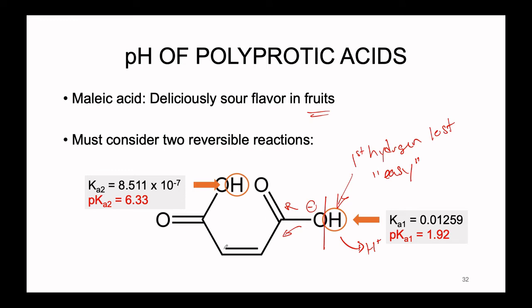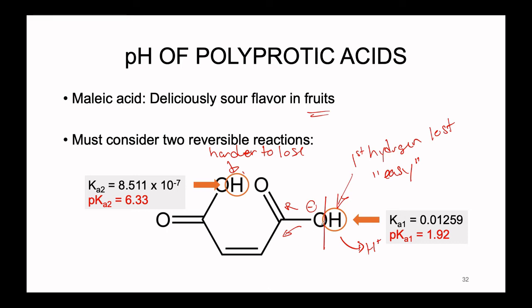Because there's already an abundance of electrons in the molecule, this second hydrogen that is labeled here is going to be harder to lose. Because if the molecule loses a second hydrogen, that's even more negativity, pushing it away from this neutral charge. So for every additional hydrogen that is lost, it becomes harder and harder to lose another hydrogen.